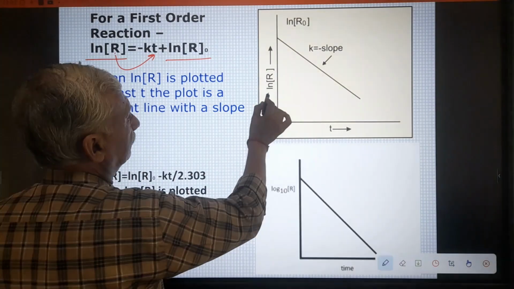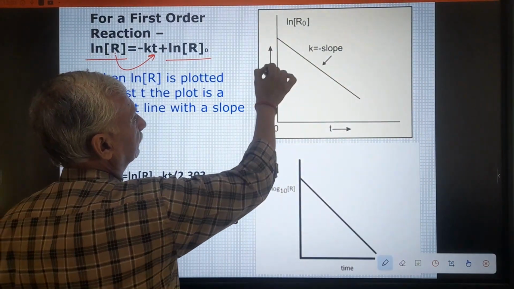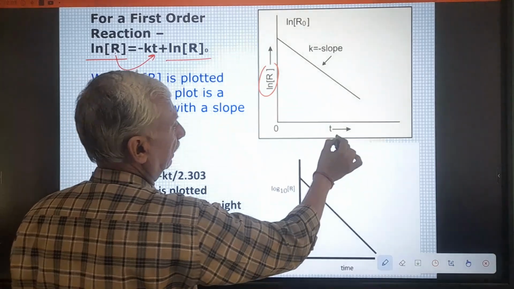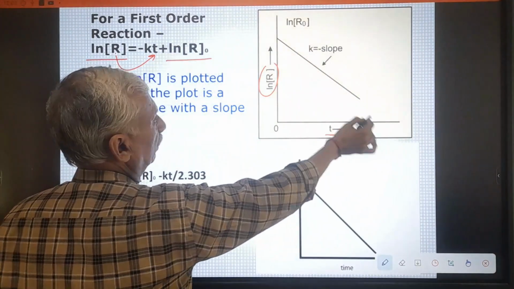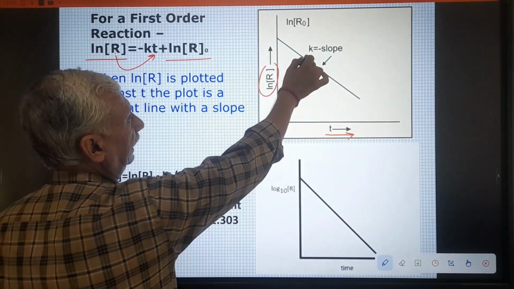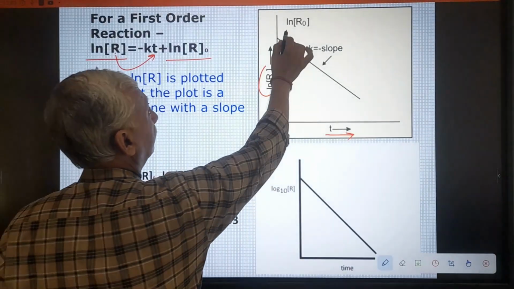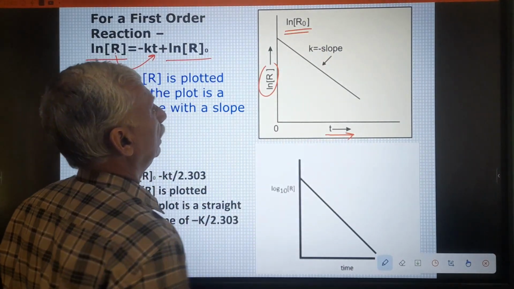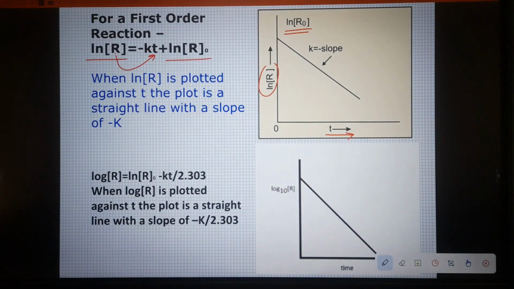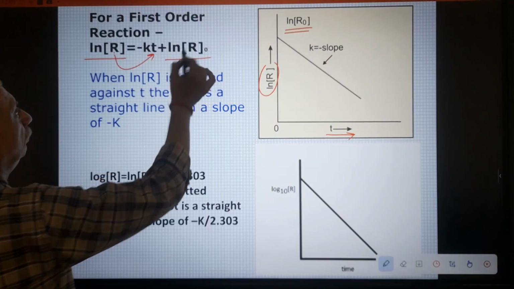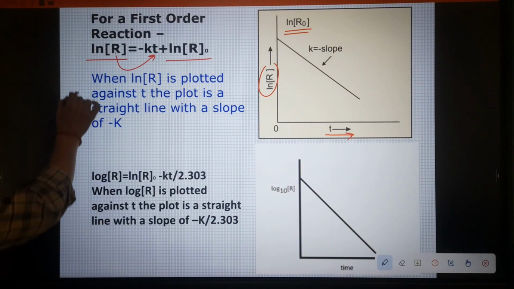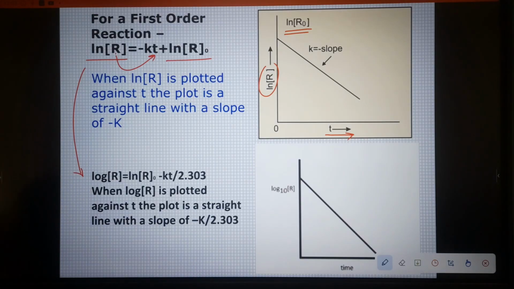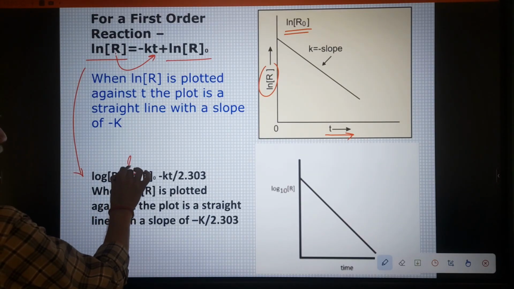So when we plot the natural log of the concentration of reactant after time t against time t, then this type of plot is obtained, which is a straight line, and k will be equal to the negative slope. Here the intercept is the natural log of the initial concentration of reactant, because this equation is equivalent to y equal to mx plus c. We can also write this equation in log to the base 10. Here this is log to the base 10.